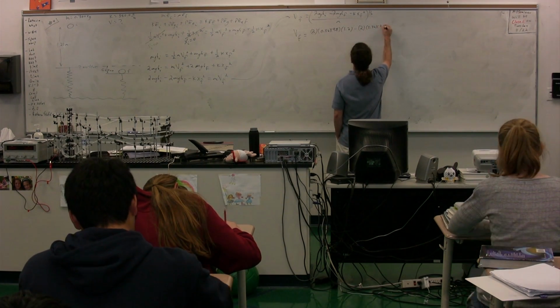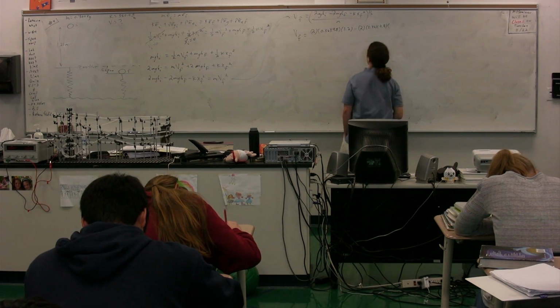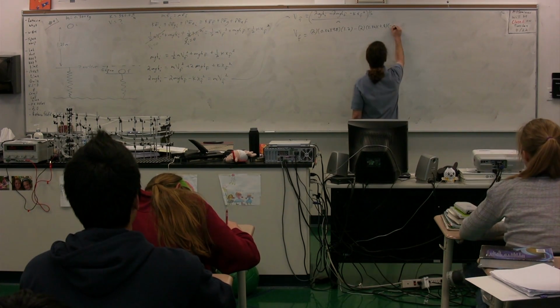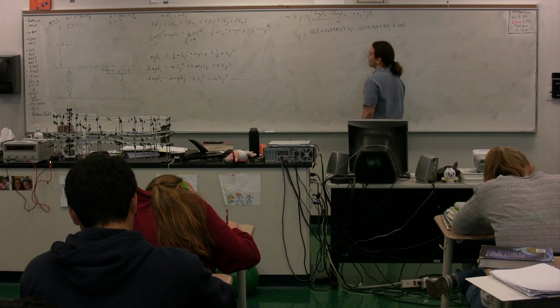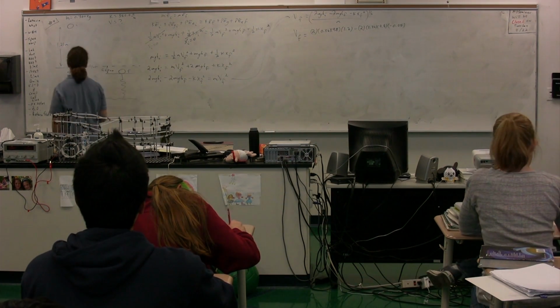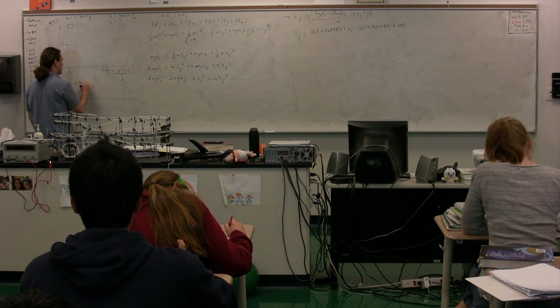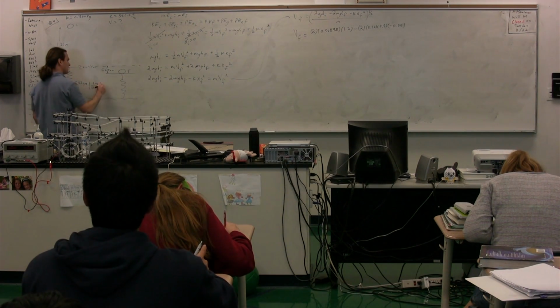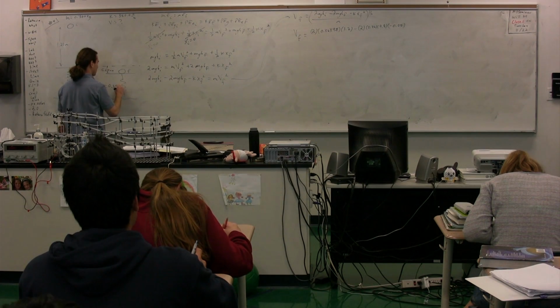You already told me the acceleration of gravity, 9.8. The height final, negative 0.05. Where's that number coming from? Because it's compressed 5 centimeters. So we need the 5 centimeters in meters.